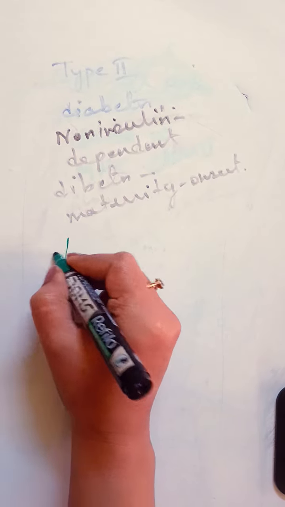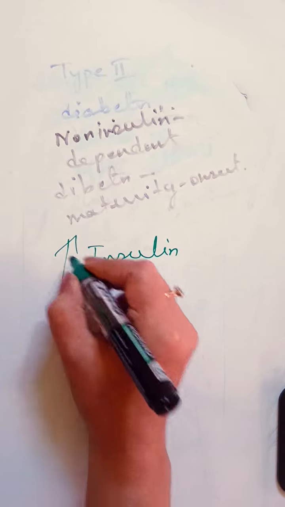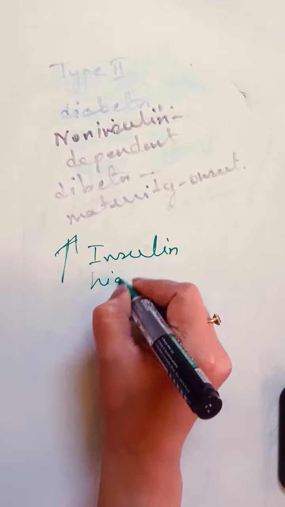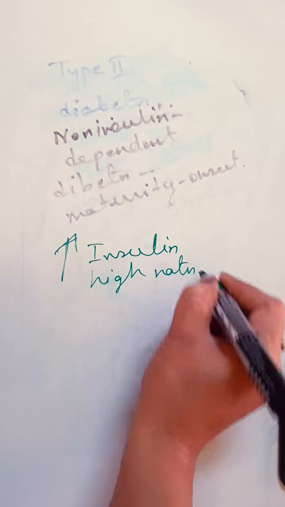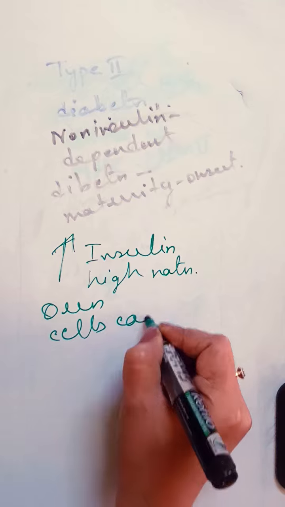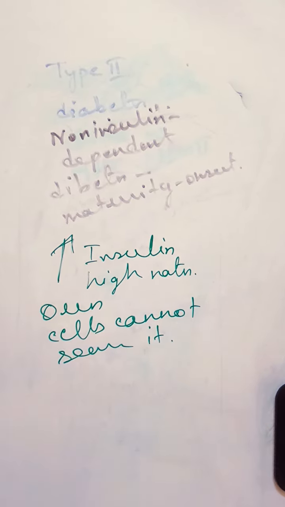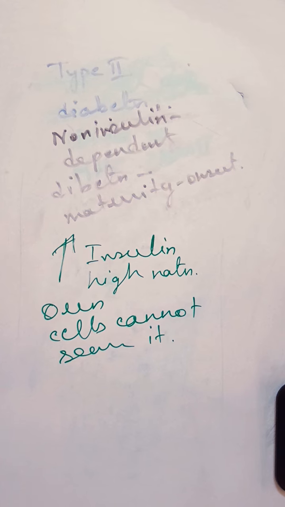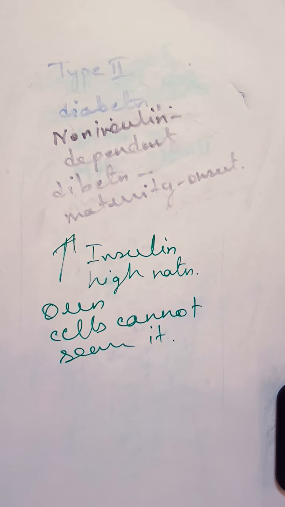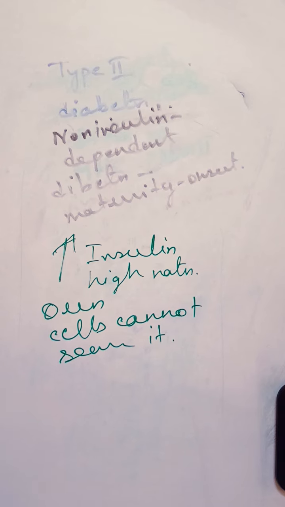Insulin level increases in our body at a very high rate, but our cells cannot sense it. There is a huge amount of insulin in our body, but our cells cannot sense the high rate of insulin that has already deposited in our body.